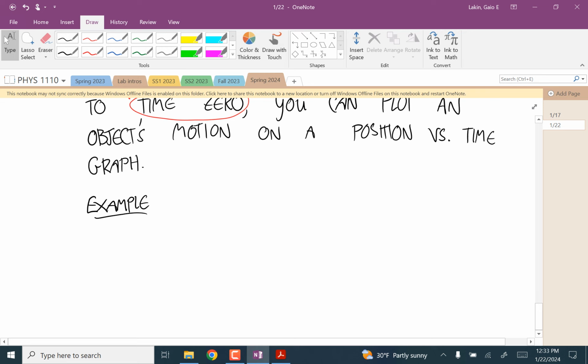So let's say at time equals 0, the object's position is negative 22 meters.